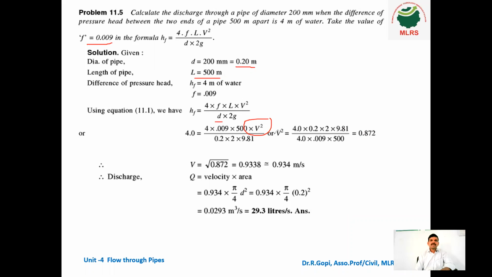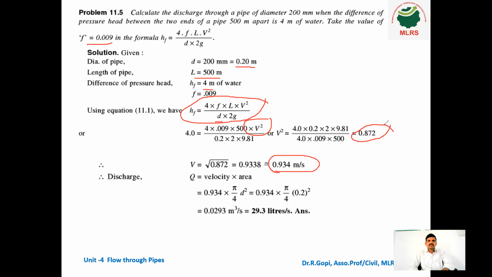HF is also given in the question, 4 meter. So in this equation the only unknown value is V. Substituting all the values, finally V is equal to 0.934 meter per second. This is the velocity.